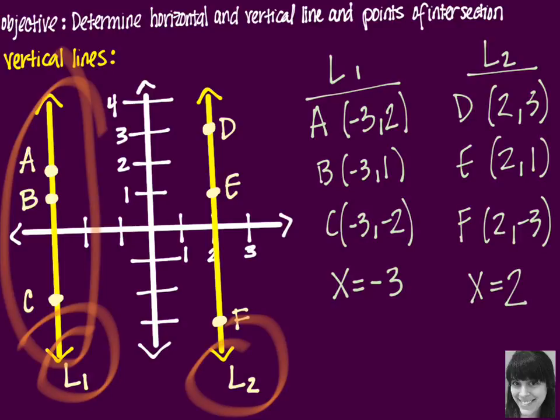So it's weird, right? We've learned that the equation of a line is y equals mx plus c. We've learned this. It's innate. But now we have x equals -3, and that's supposed to be an equation of a line, but it is when you have a vertical line, okay?